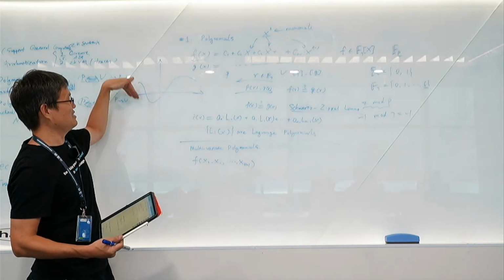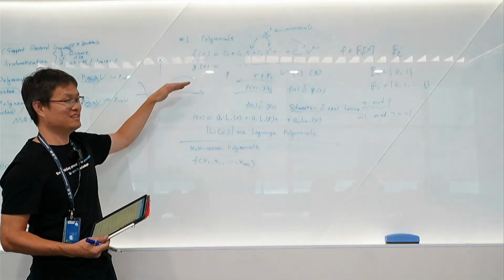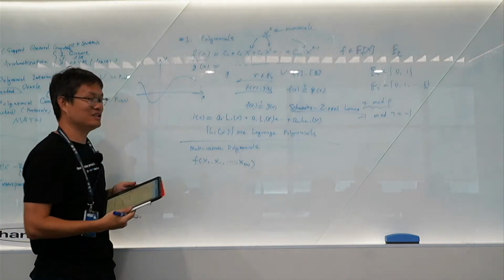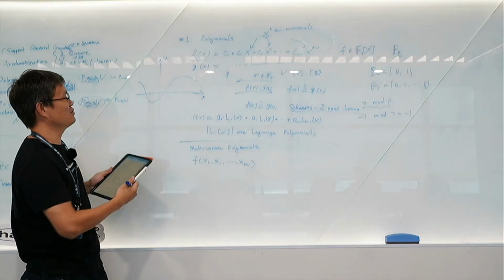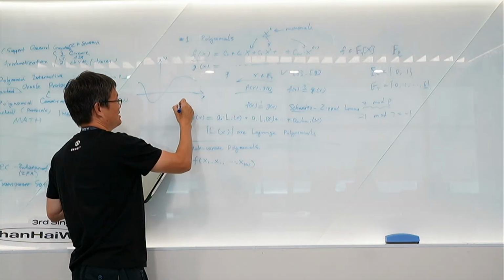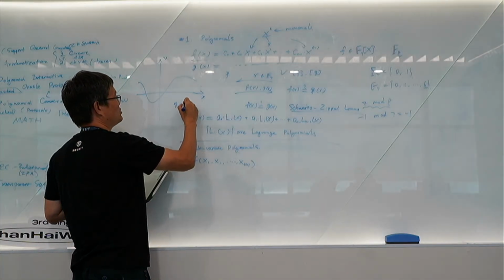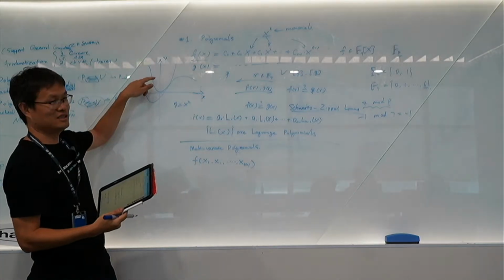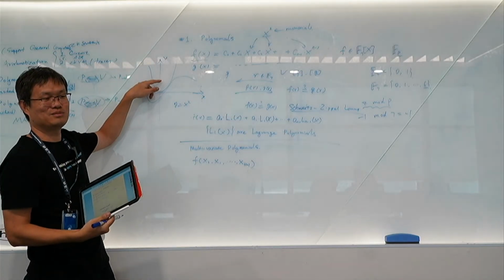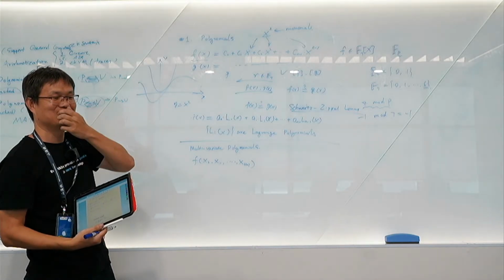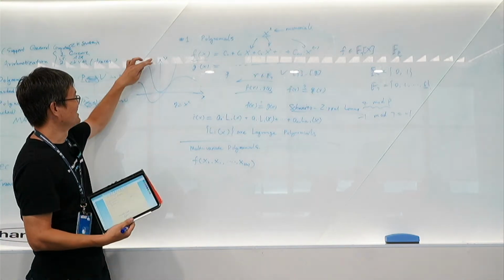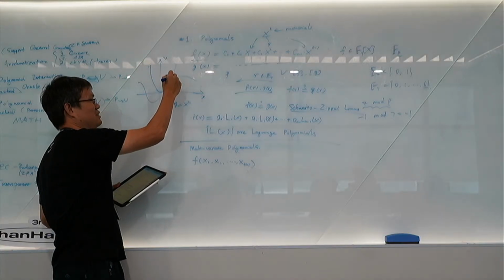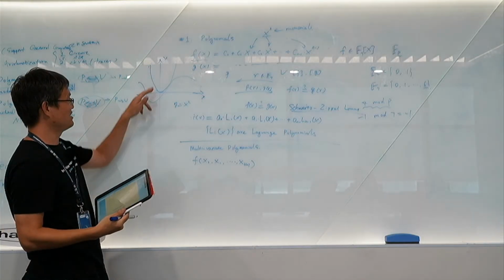Now it's a curve over a coordinates plane xy. For example, y equals x squared, which is a parabola.